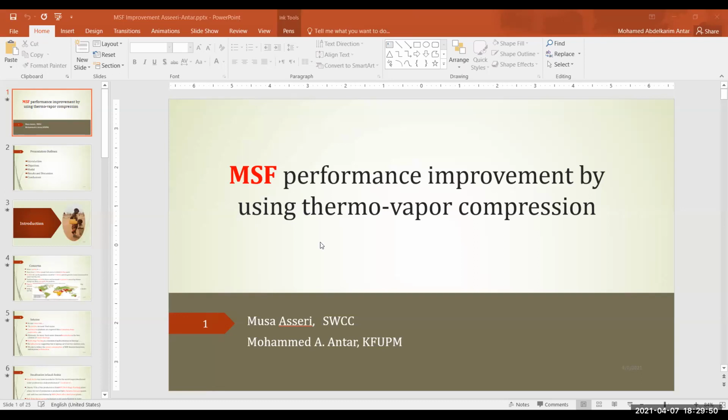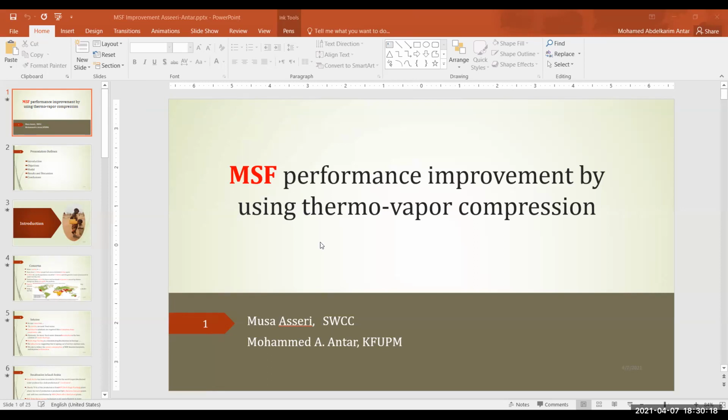We're talking about the performance improvement possibility by using a thermal vapor compressor. When you look into the literature, you'll find that there are people that have proposed the use of thermal vapor compressors, or TVC, with MSF, but we have done that differently. And that difference has resulted in a substantial improvement in the MSF performance.